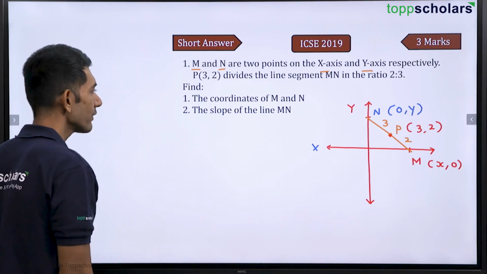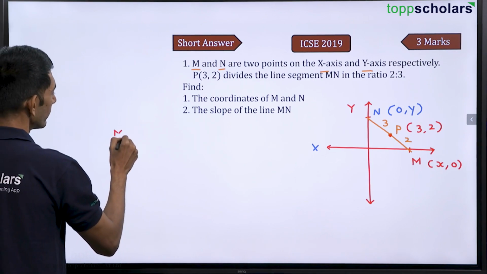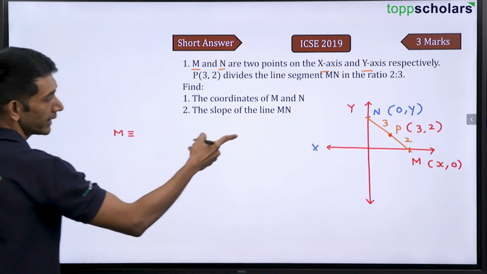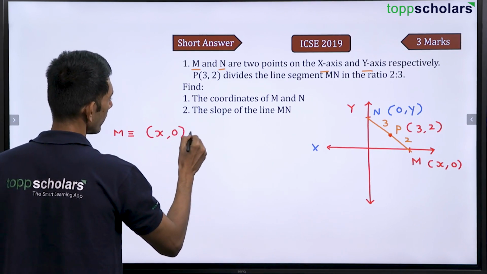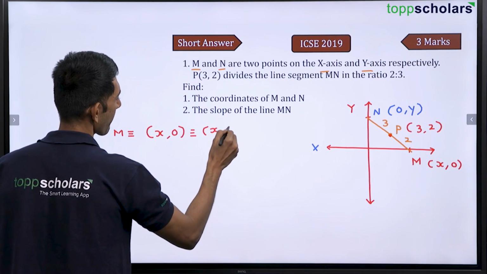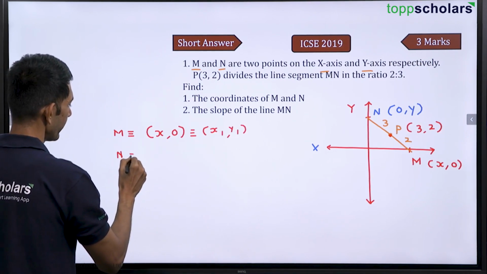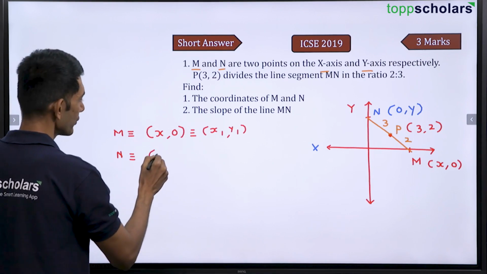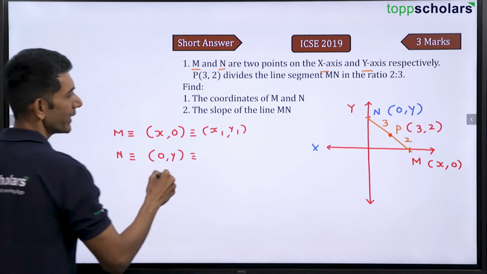Now what we will do is, we will consider the coordinates of point M, which is x comma 0, as your x1, y1. Then the coordinates of point N, which is 0 comma y, as x2, y2.